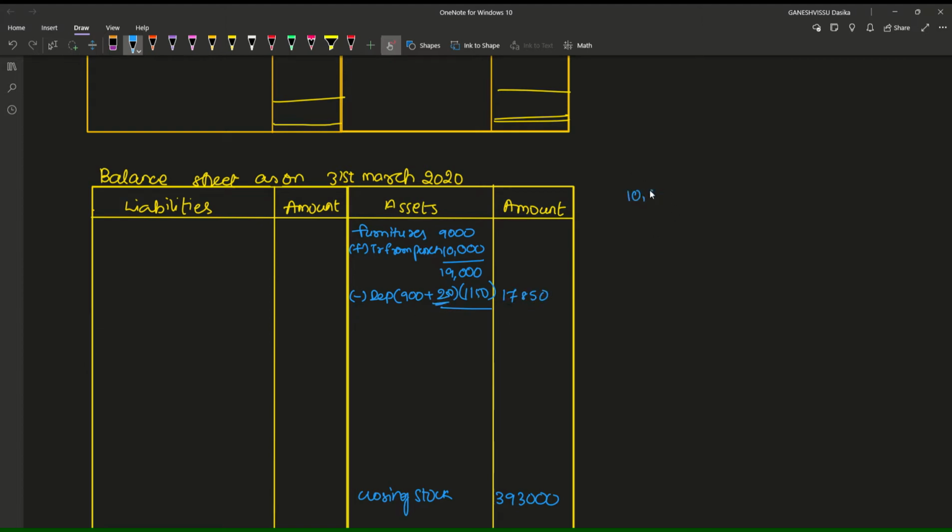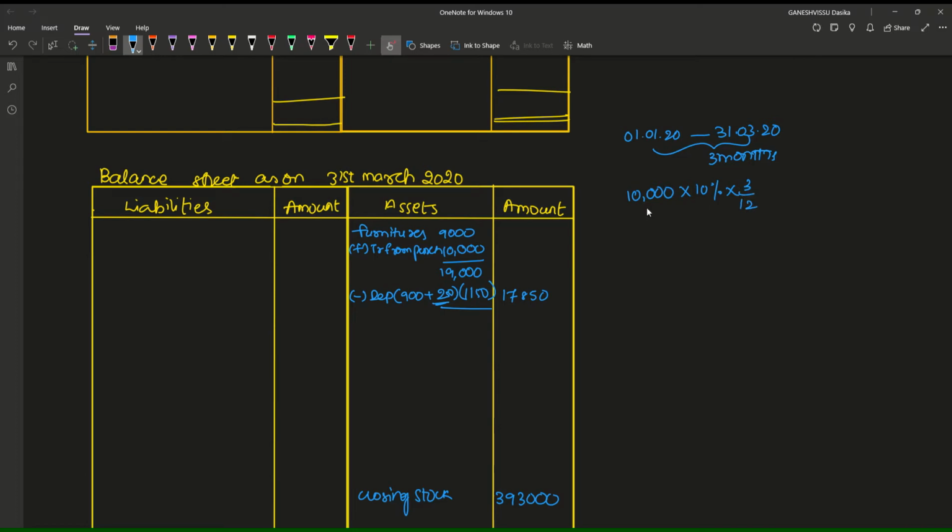Simply, we purchased 10,000 worth of an asset at the end of the year, that is on 31st March 2020. The rate of depreciation is 10%, but we have used the asset from 1/1/2020 to 31st March 2020, that is exactly 3 months only. So we need to depreciate for only 3 months.